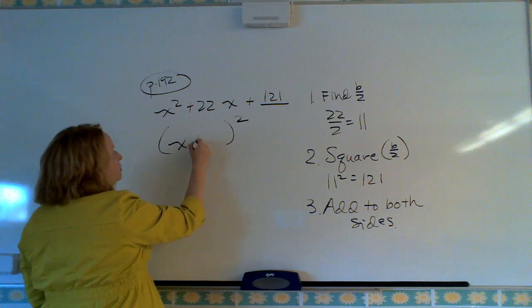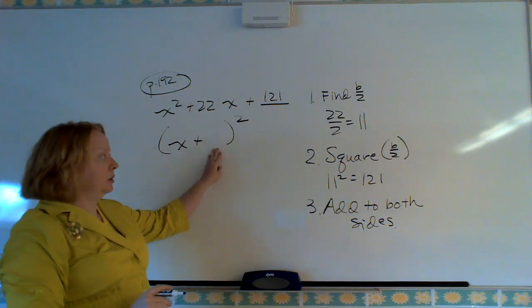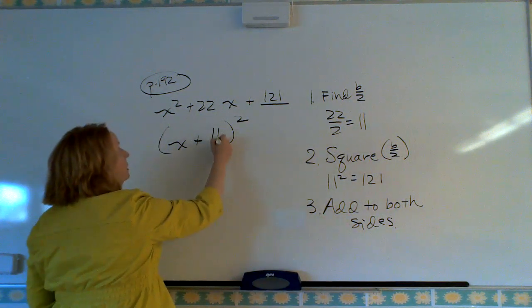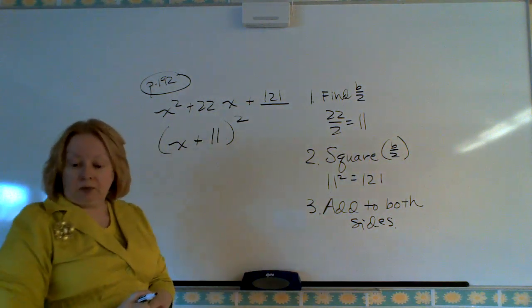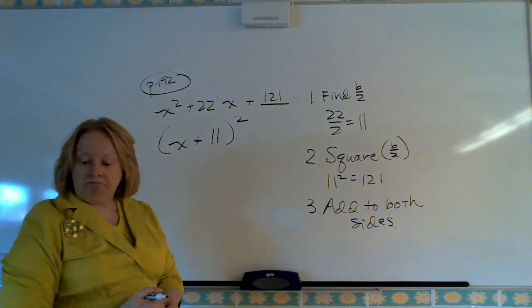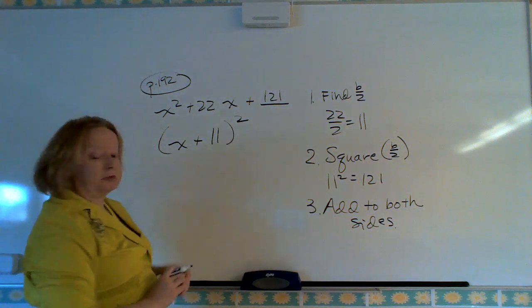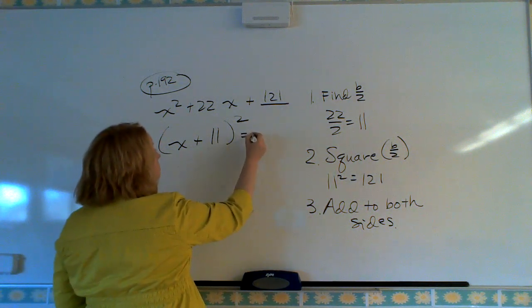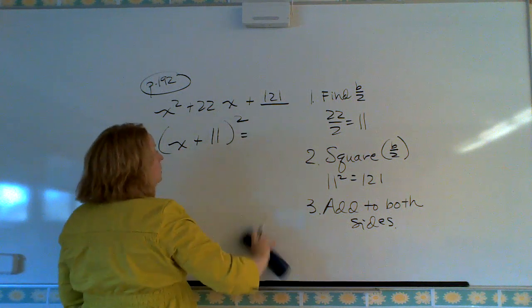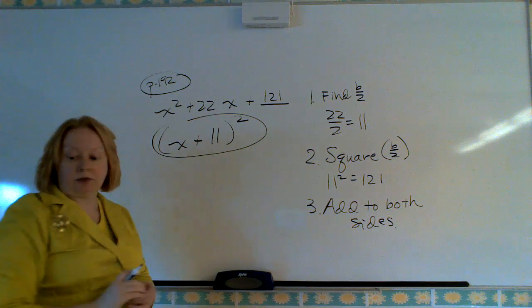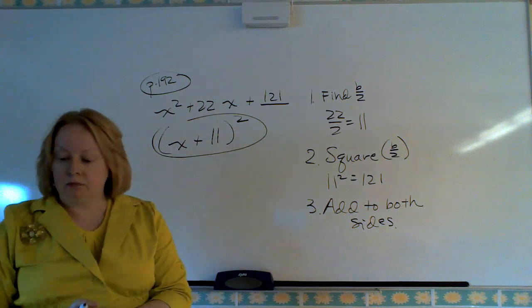So this will be x plus, well, the number that goes here is b over 2, so we're going to put 11 there. That would be the factored form of that trinomial, and that's what you would circle for the perfect square there.